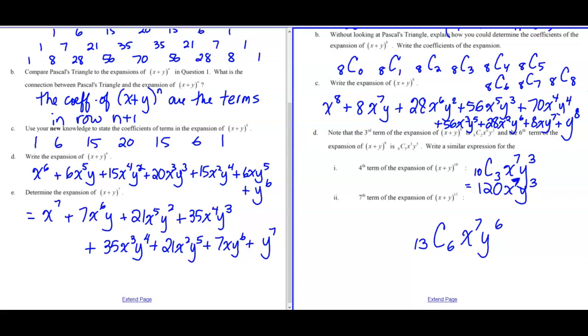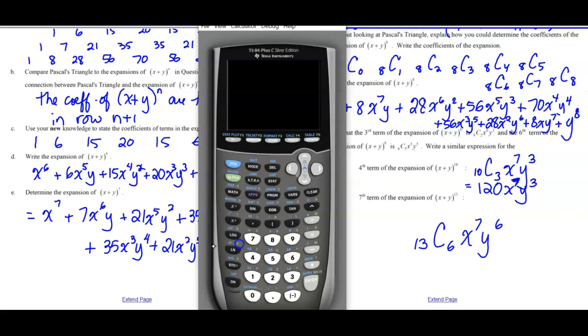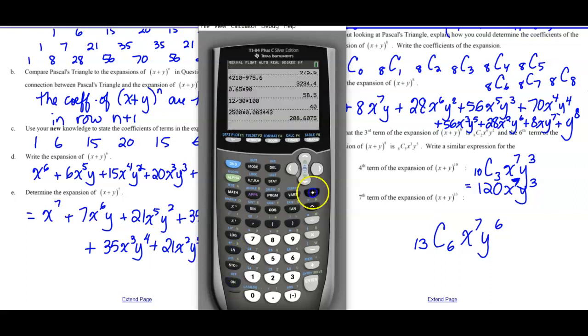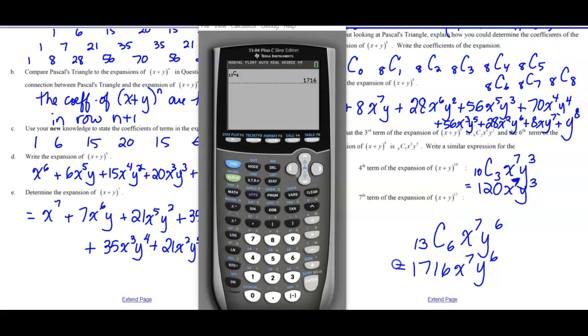I'm going to use my calculator for this one. Okay, 1,716. Your coefficient.